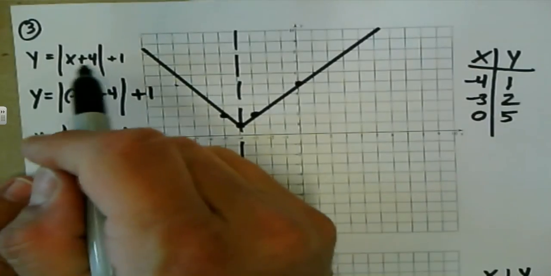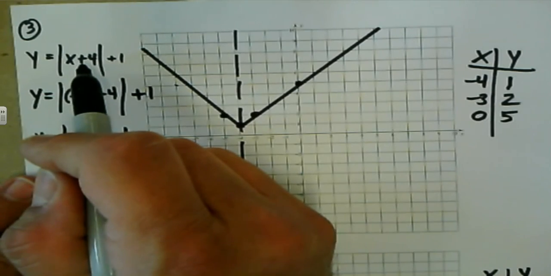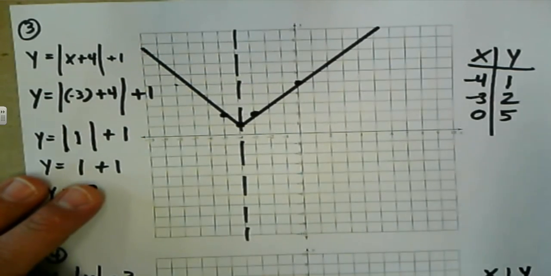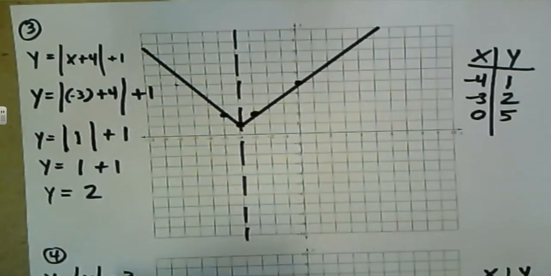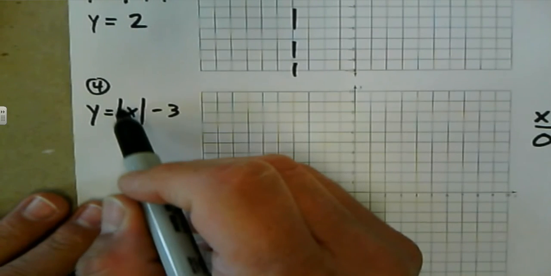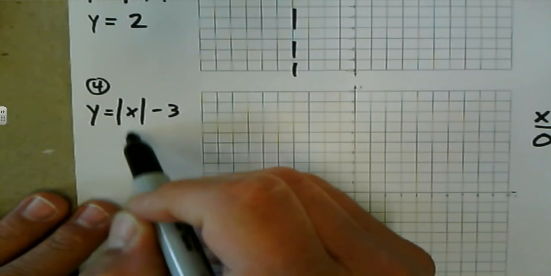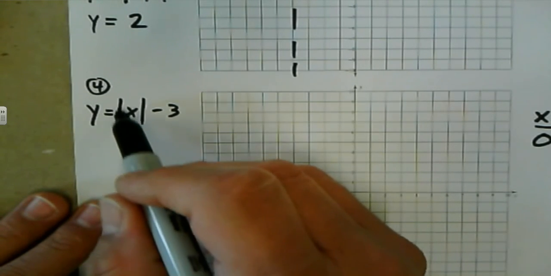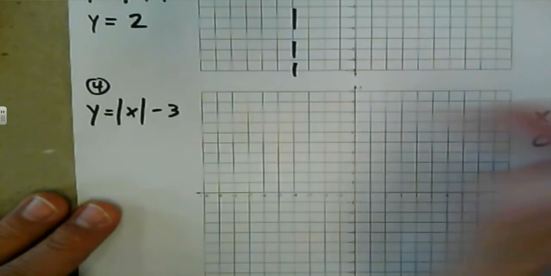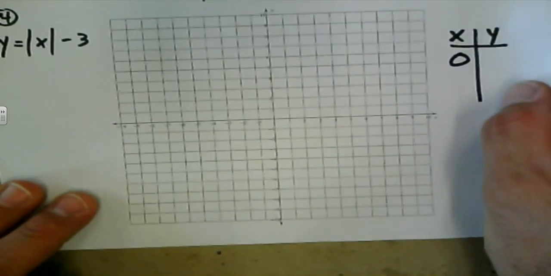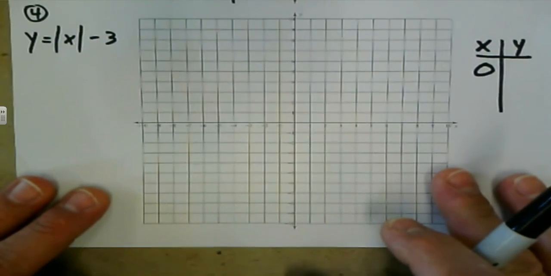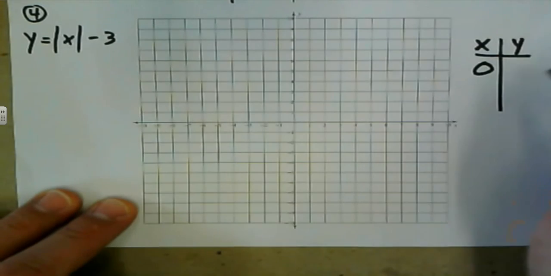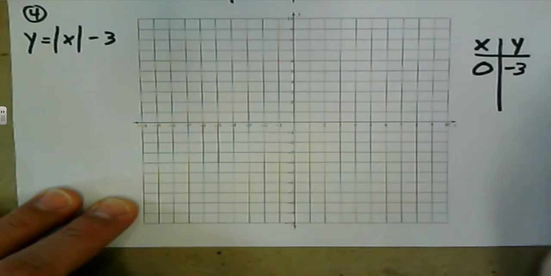It's plus or minus, right? So if it's plus or minus, we always put a 0. If it's in front of the x, it would be 1, or underneath the x. Multiply and divide is a 1. Addition and subtraction is a 0. Those are the identity properties, okay? So it's actually 0. And then the y is -3.